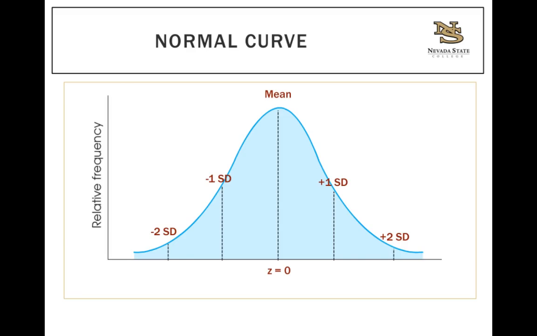And at every point of a standard deviation away, we have another z-score. So here, at one standard deviation away, our z-score is 1. Over here, our z-score is -1. And then finally, over here we have a z-score of 2 and a z-score of -2.